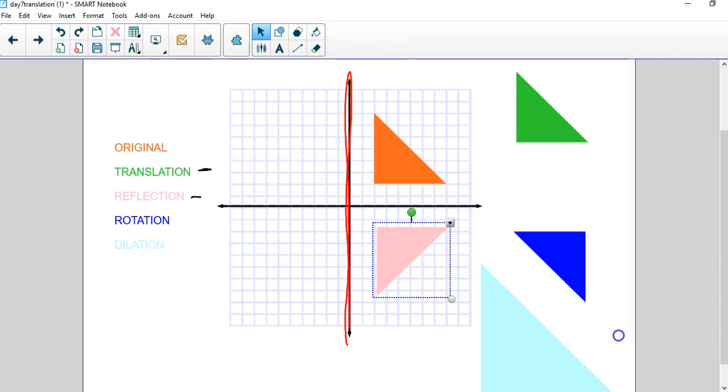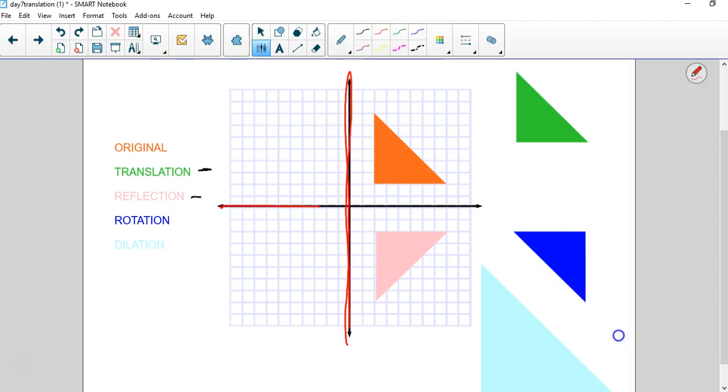I could also, as you can see, if I would have folded this down this way, notice it's 2 spaces away from the x-axis. I could also fold it down over the x-axis. So this time I'm folding it over here. And if you notice, 2 spaces, 2 spaces, these are all 2 spaces away, and so is this. So I reflected it over that axis. So those are reflections.